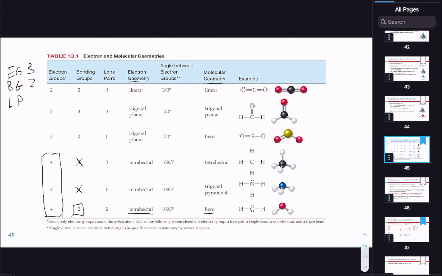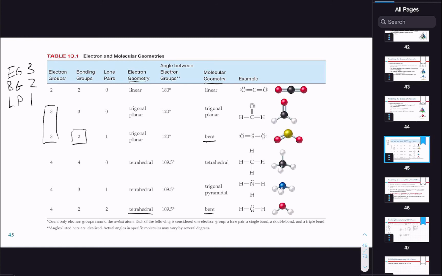Okay, so if we have 3 electron groups, 2 bonding groups, and 1 lone pair, what is our molecular geometry? Yeah, so we go to 3. There's 2 options for 3, but there's only one that has 2 bonding groups. So our molecular geometry would be bent.